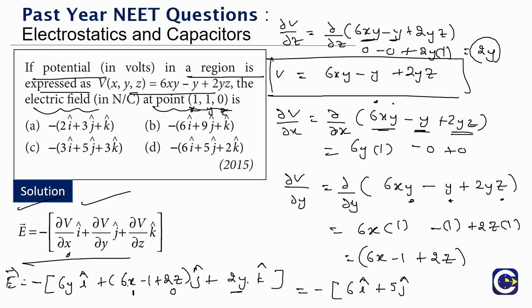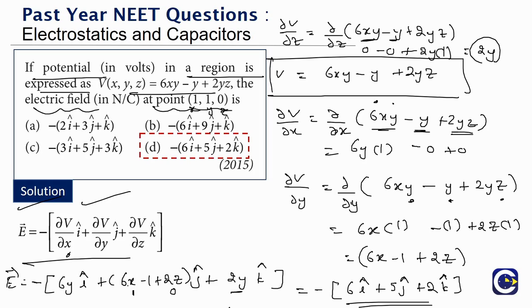This is 2 times y, and y is 1. So the value is minus of 6i plus 5j plus 2k. What is the correct answer? It is option D. So this question can be solved if we remember this gradient.